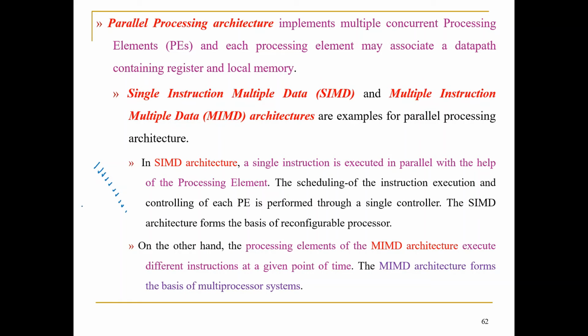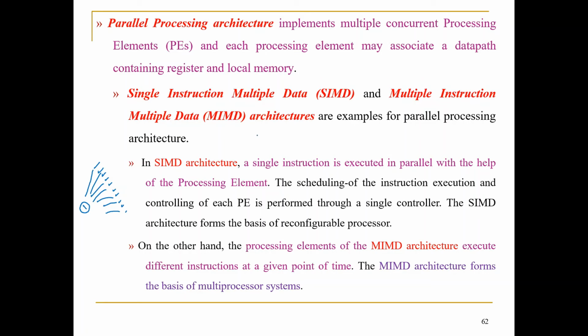And there is a single instruction which is written here. You want this instruction to work on all this particular data that is present here, and that will happen parallelly. That is what is called single instruction multiple data.